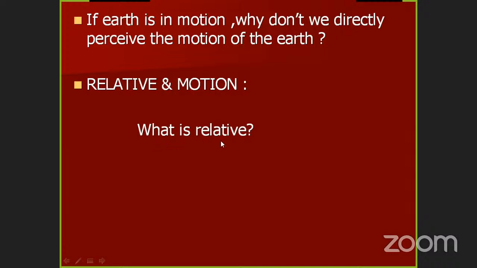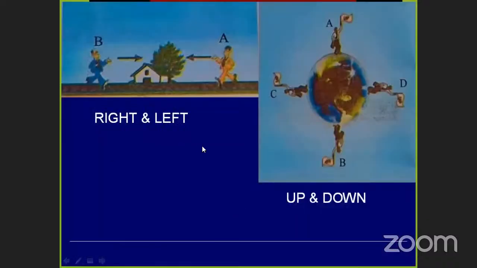What is relative? Children, observe this picture. Right and left. Here two persons are there. One person is A, another person is B. And beside the road, one house is present.